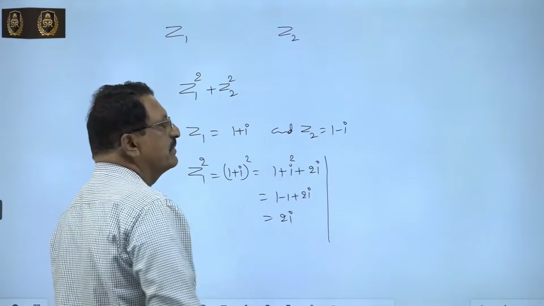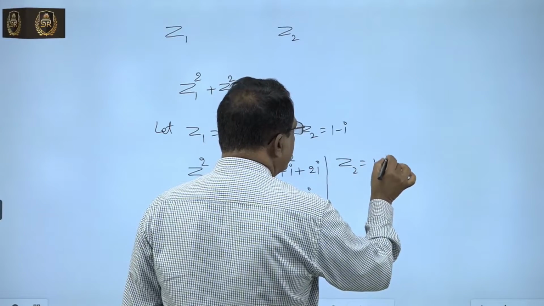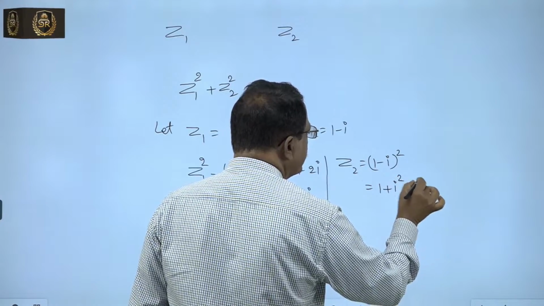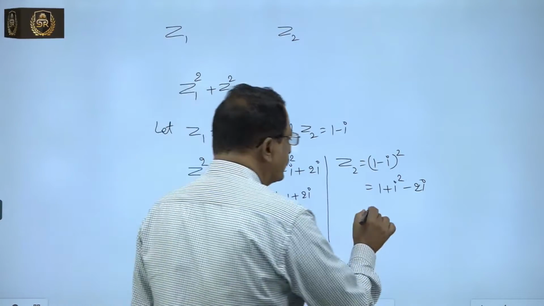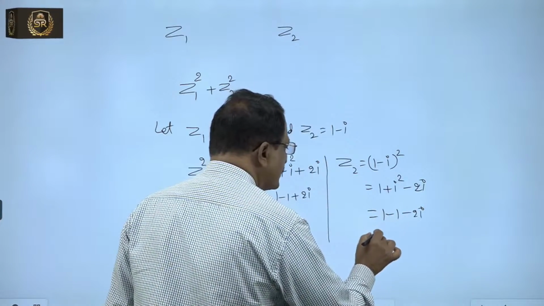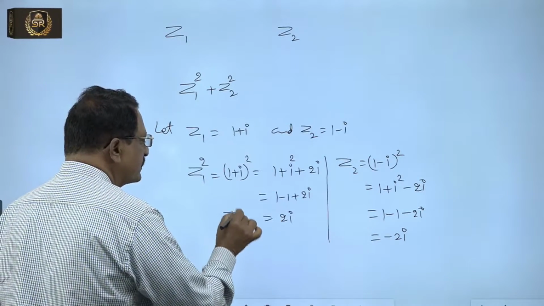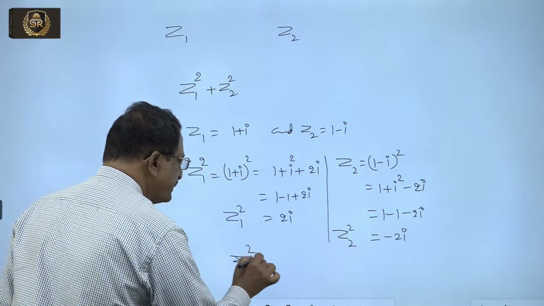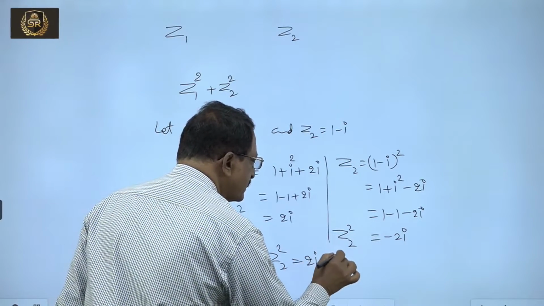Next, Z2 equals 1 minus i, Z2 squared equals (1 minus i) whole squared, that equals 1 plus i squared minus 2i. (a minus b) whole squared equals a squared plus b squared minus 2ab, that equals 1, i squared equals minus 1, minus 2i, minus 1 plus 1 cancel, that equals minus 2i. Therefore Z1 squared equals 2i, Z2 squared equals minus 2i, Z1 squared plus Z2 squared equals 2i minus 2i, we get 0.